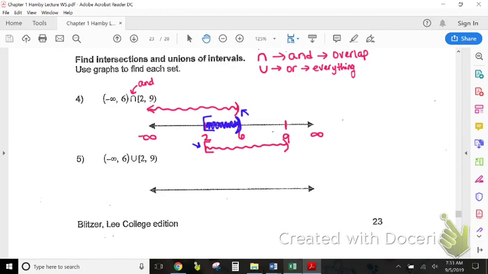And so then how would I write my solution in interval notation? Well, it's right there, isn't it? From 2 to 6, 2 has a bracket, 6 has a parenthesis. So we said from 2 to 6, 2 had a bracket, 6 had a parenthesis. So that would be our interval notation. And how would I write this in set builder notation?